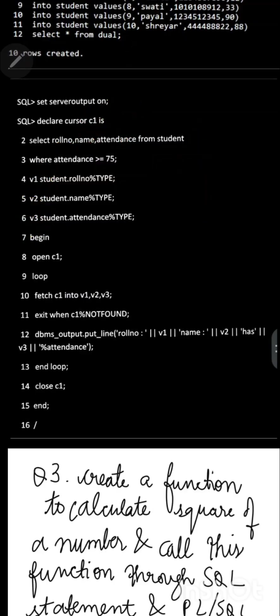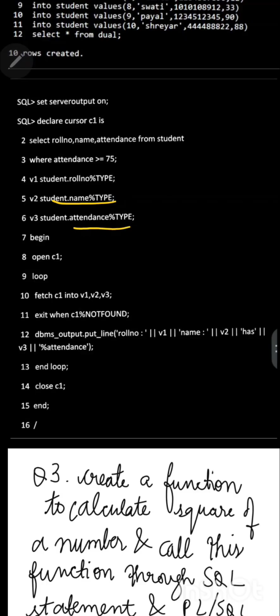So what should be the data type? The data type of V1 should be the same as that of the roll number of the student table, the data type of name should be the same as that in the student table, and the data type of attendance should be the same for V3.